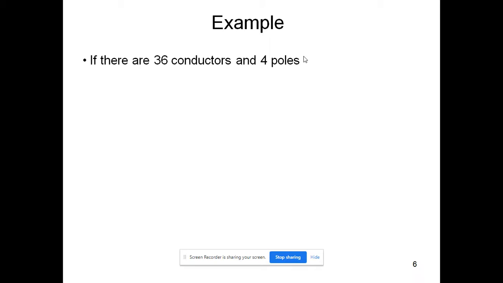Let us take an example, that is, if there are 36 conductors and 4 poles, then what's the pole pitch? Then pole pitch is given as YP is equal to Z by P. Z is nothing but the number of conductors and P is nothing but the number of poles.